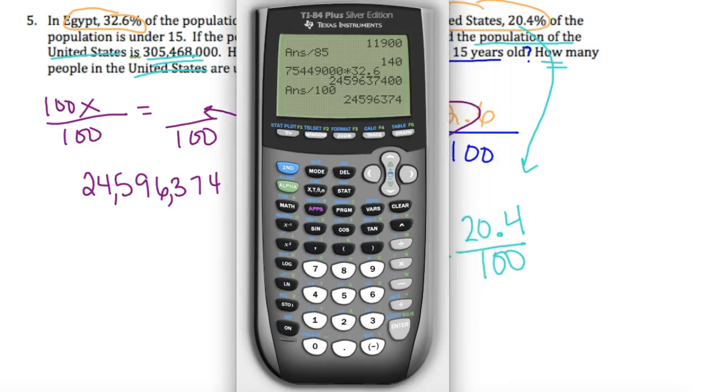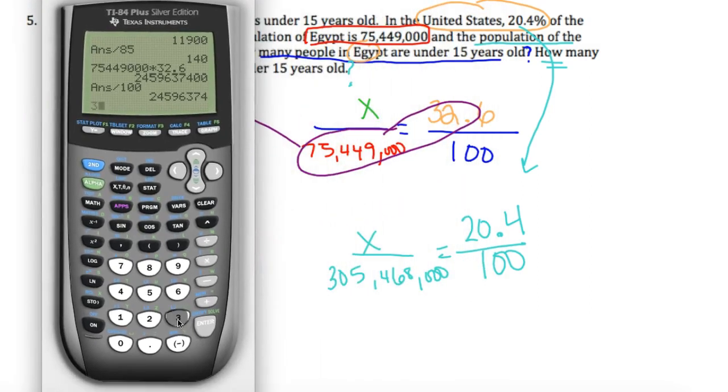So if I move my calculator to the side so I can see it, 305,468,000 times 20.4. And then I'm going to divide by 100.